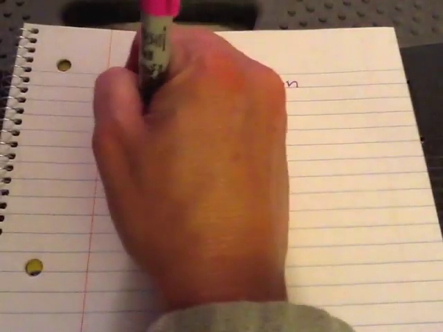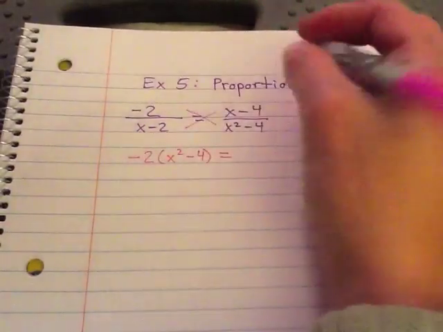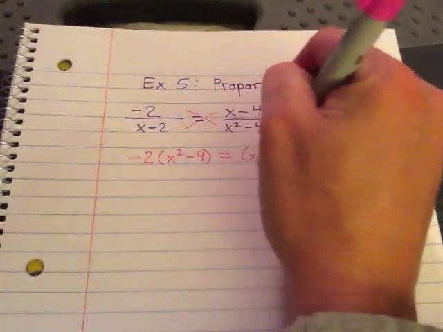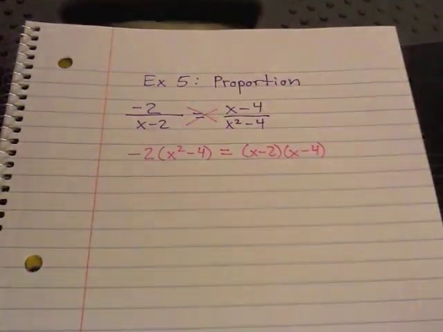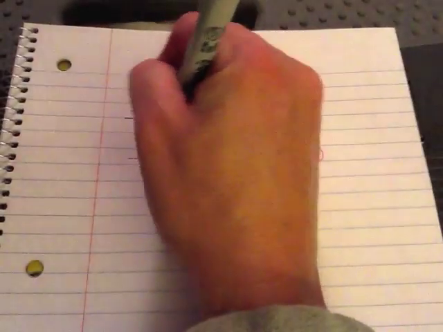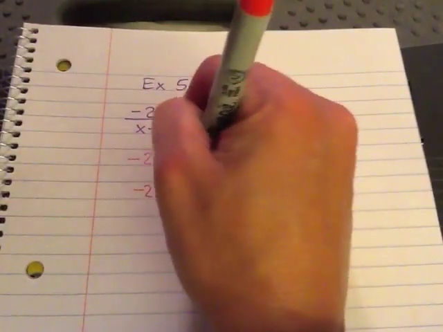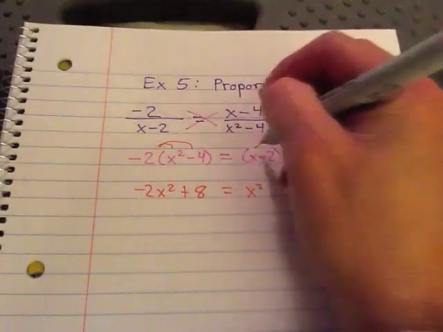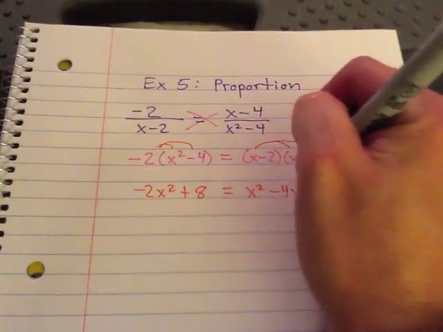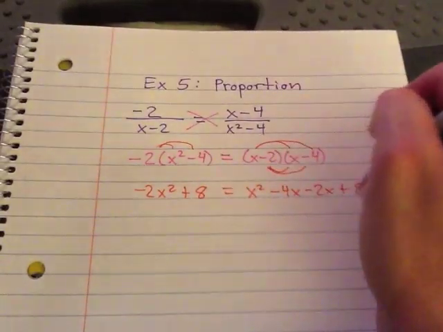So I end up with negative 2 times x squared minus 4 equals x minus 2 times x minus 4. From here, you're going to go ahead and multiply everything out. So I get negative 2x squared plus 8 equals, and then I'm going to use FOIL in this case, and I get x squared minus 4x minus 2x plus 8.